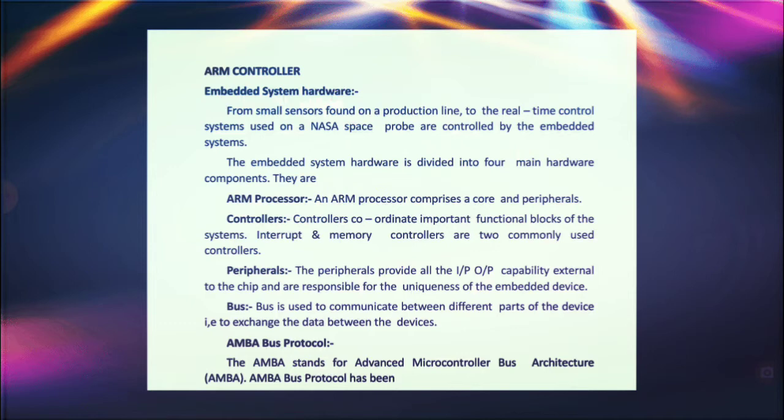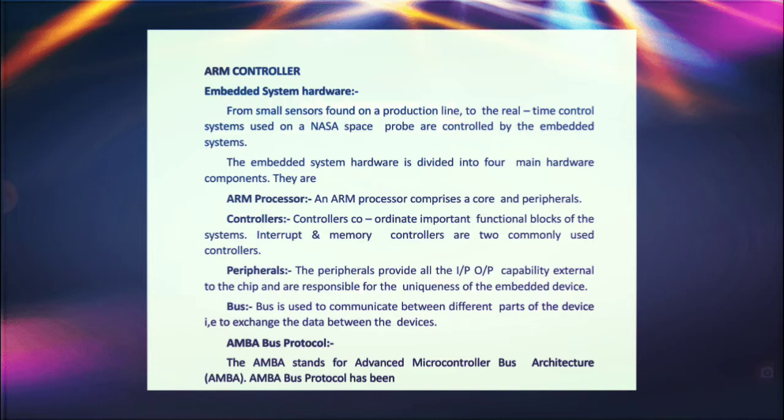An ARM processor comprises a core and peripherals. Controllers coordinate important functional blocks of the systems. Interrupt and memory controllers are two commonly used controllers.